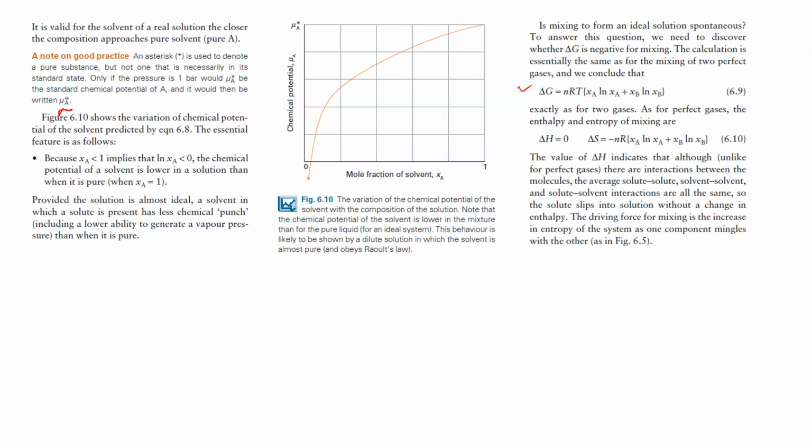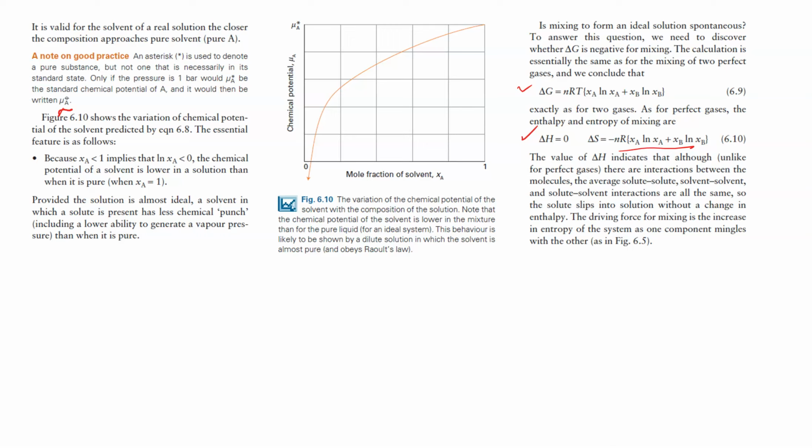As for perfect gases, the enthalpy and entropy of mixing are as follows. Change in enthalpy equals 0, and change in entropy equals the following relationship, which is summarized above. The value of delta H indicates that although, unlike for perfect gases, there are interactions between the molecules, the average solute-solute, solvent-solvent, and solute-solvent interactions are all the same.